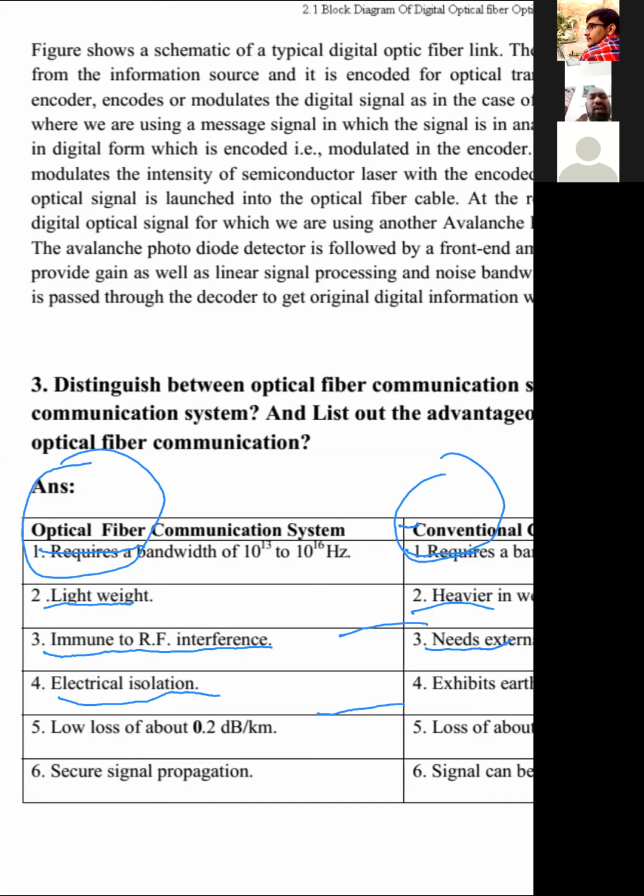For example, if I consider a coaxial cable of length 10 kilometers, for 1 kilometer, if it is showing 10 dB, for 10 kilometers, how much will it show? It will show 100 dB loss.